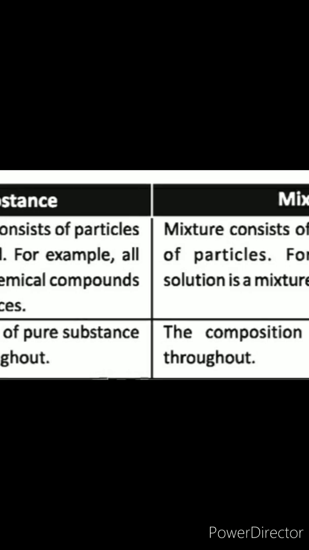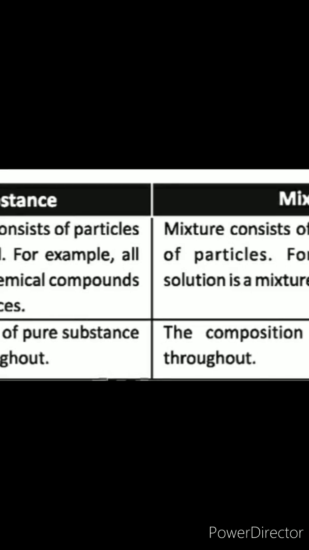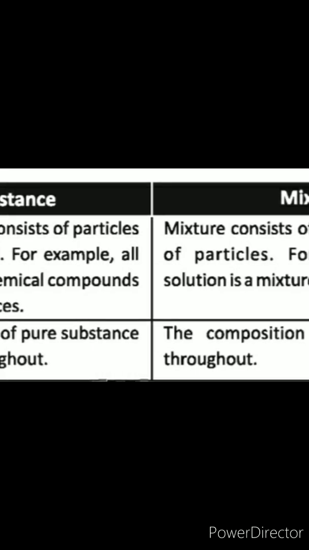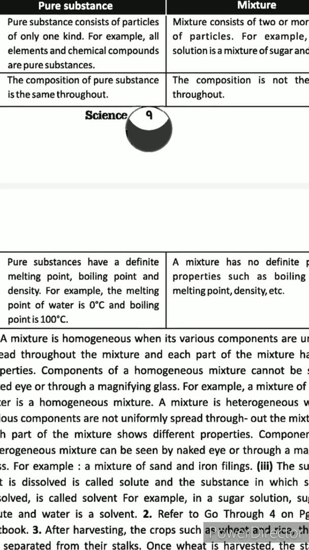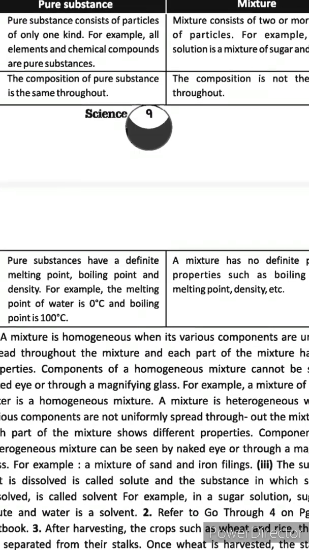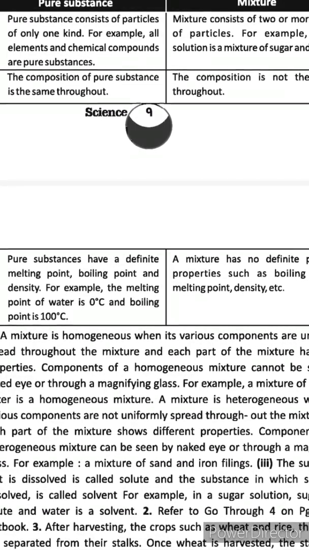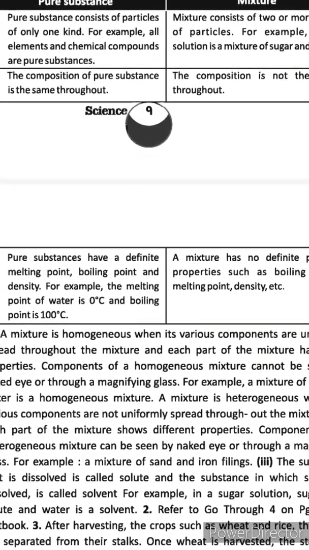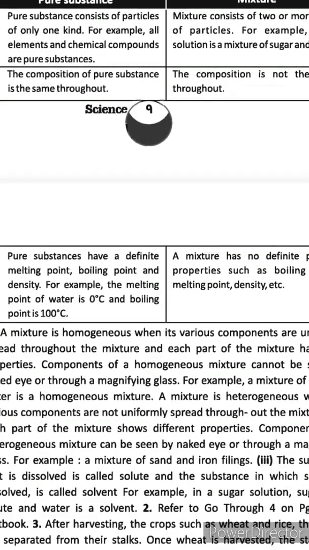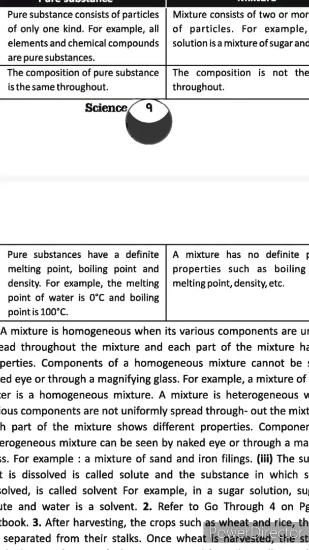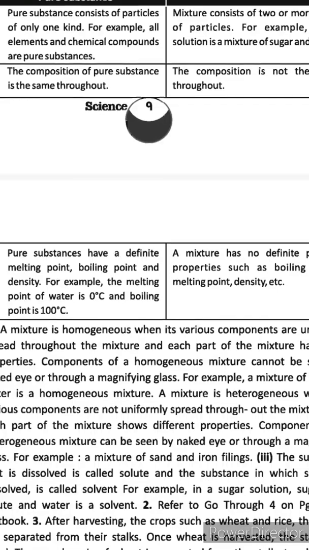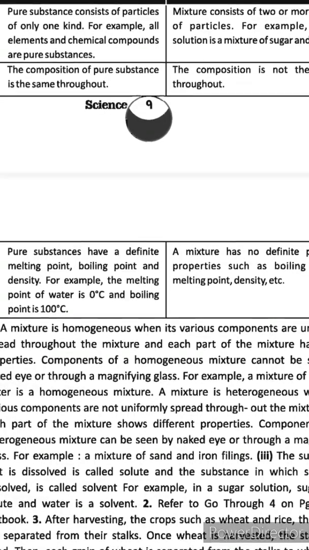For example, a mixture of salt and water is a homogeneous mixture. A mixture is heterogeneous when its various components are not uniformly spread throughout the mixture, and each part of the mixture shows different properties.